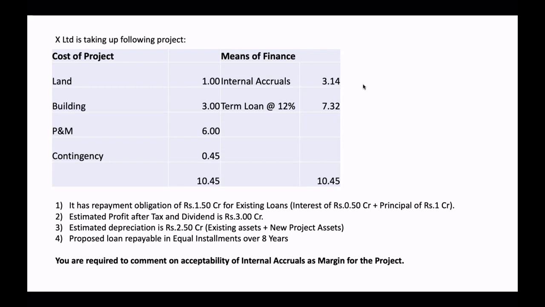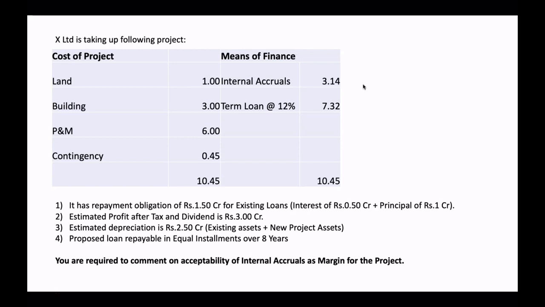First of all, find out what is their total internal accruals. How do you find out the total internal accrual? Take what is their profit after tax and dividend. With that, add back depreciation being a non-cash item. Add back interest also. That will give you what is their gross internal accruals.